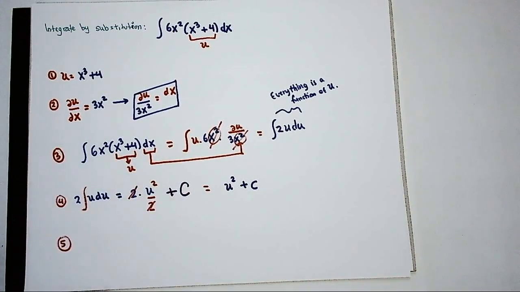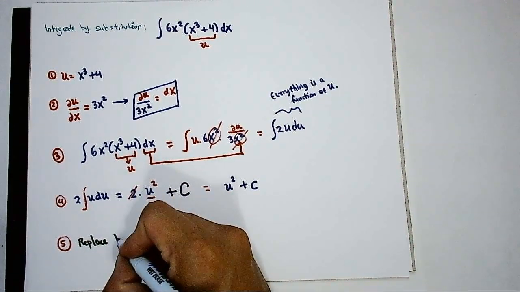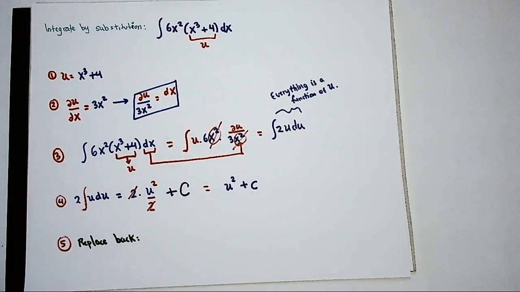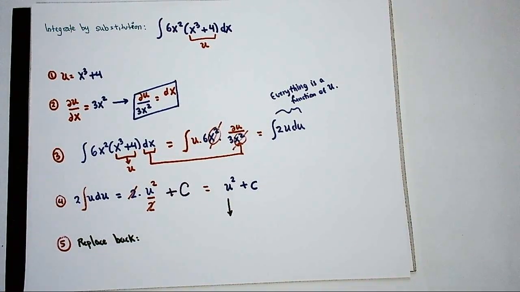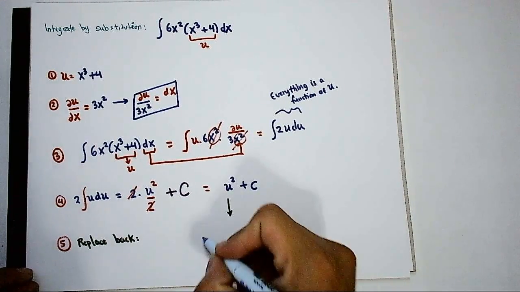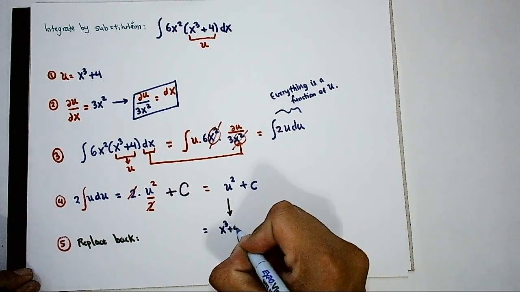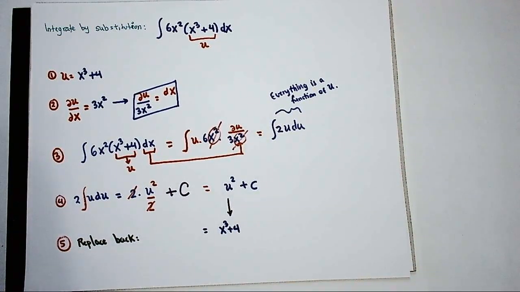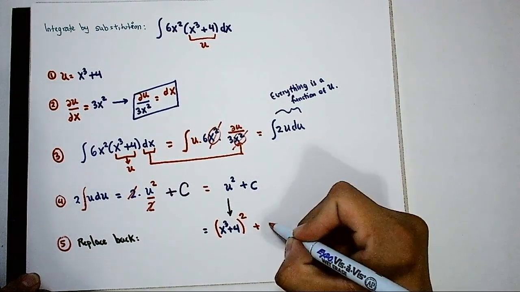In our last step, we need to replace back. In other words, because u was x to the third plus 4, the integration is x to the third plus 4 everything squared plus c.